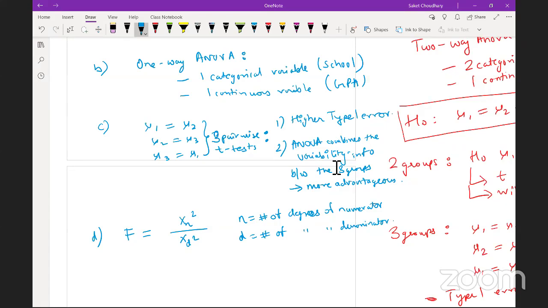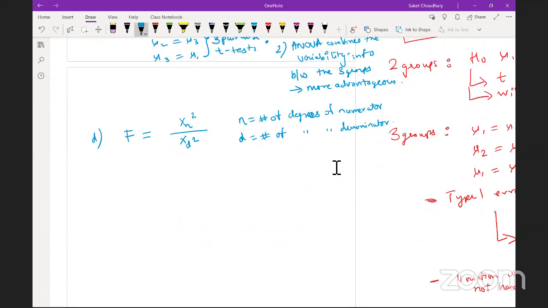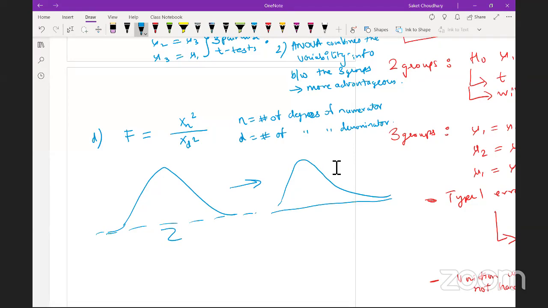Right? So what is this distribution, first of all? We've already seen that most of the time we talk about a Z distribution. In some sense, the F is a derived version of this Z distribution, but its distribution looks somewhat skewed, and it has 2 parameters, 2 degrees of freedom.